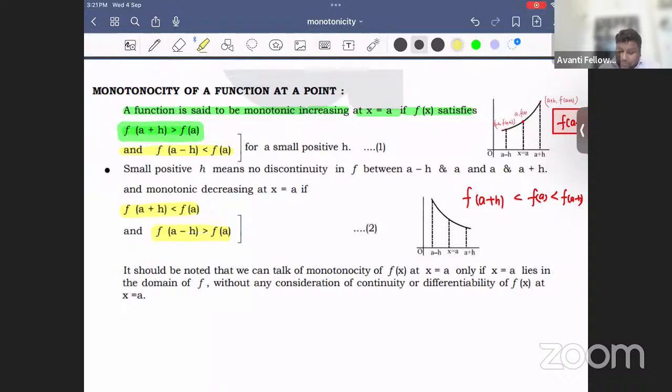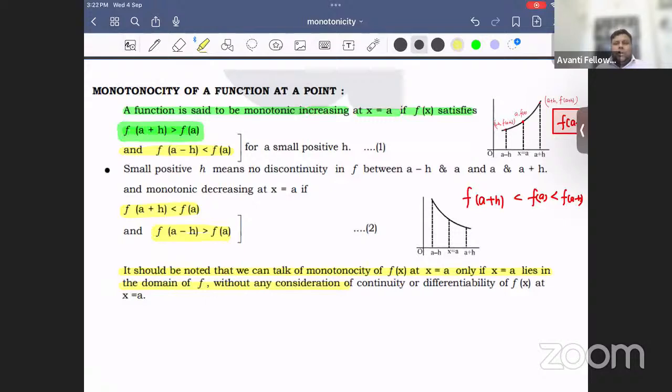Got it? Now, one very important thing, it should be noted that we can talk about monotonicity at x equals a only if x equals a lies in the domain of the function. We will talk about any behavior of the function at a point only if it is in the domain.